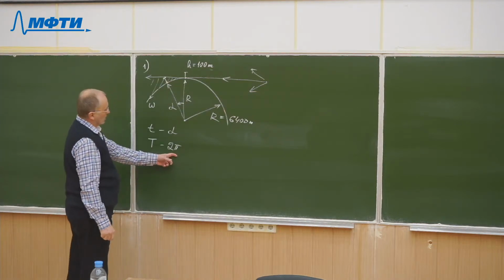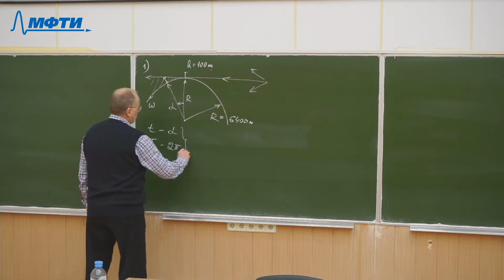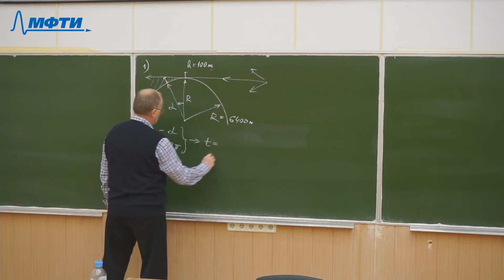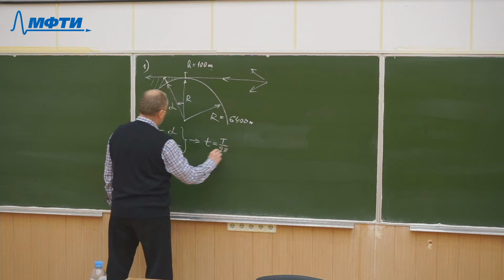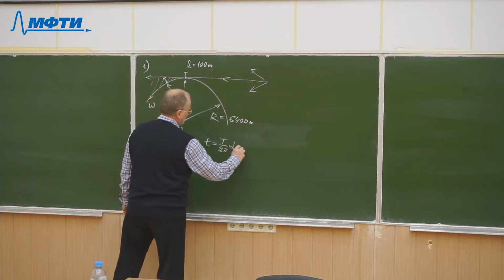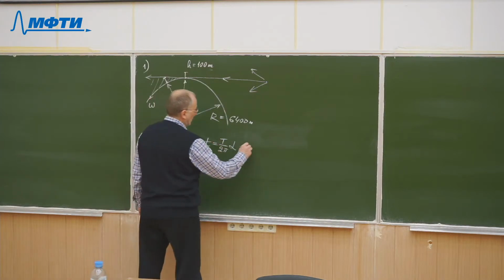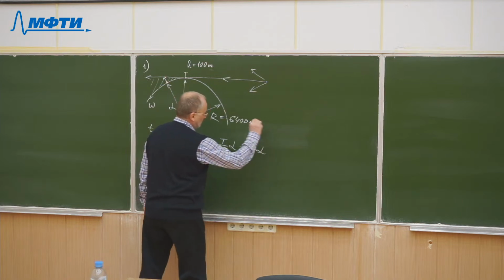From this proportion, we can easily find the time, which will be the period of Earth's rotation over 2 pi times angle alpha. The period is about 24 hours, so it will be 12 over pi times alpha.